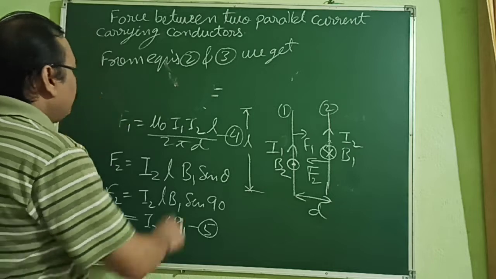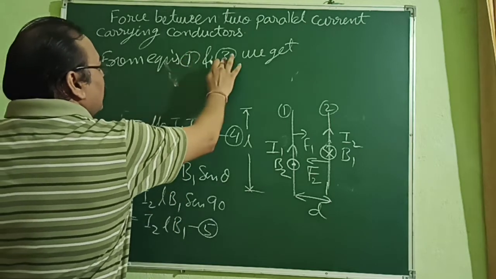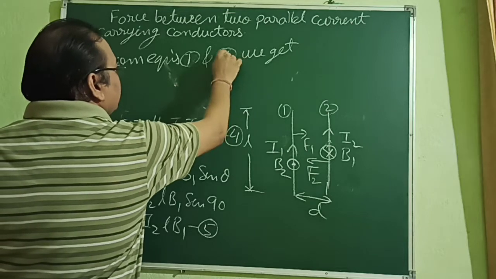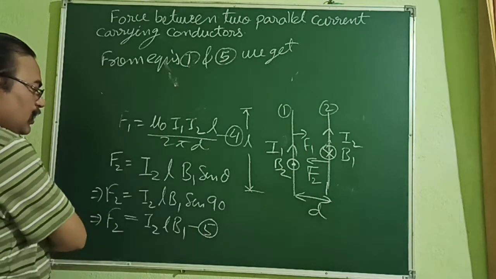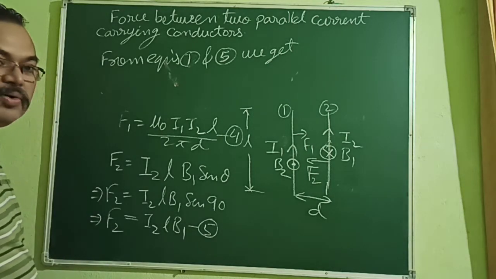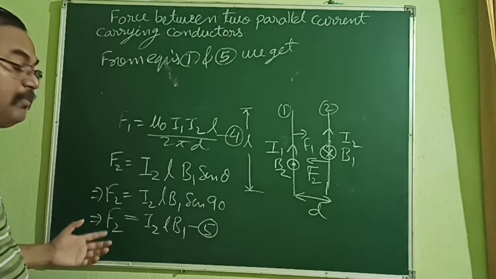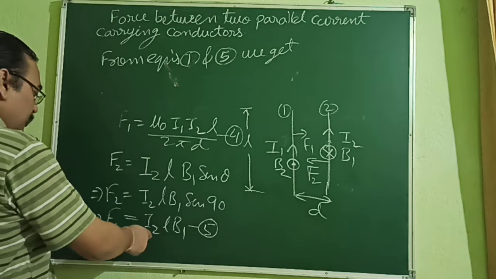From equations 1 and 5, what will we get? Let's see. In equation 1, the value of B1 was mu naught I1 upon 2 pi d. So we will put that value over here.